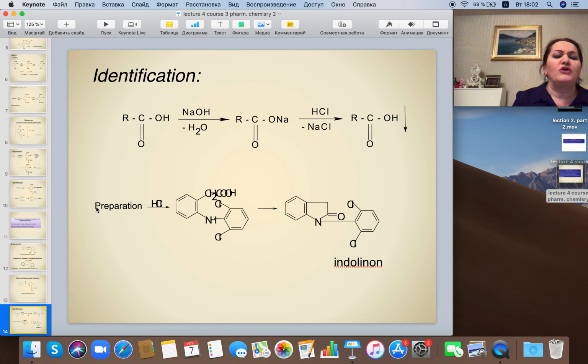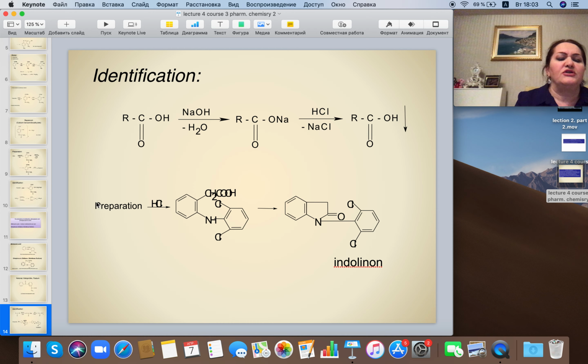Now we speak about identification. When it's an acid, for example, mefenamic acid, during hydrolysis with sodium hydroxide it gives the sodium salt of mefenamic acid, but the second one hydrolyzes with hydrochloric acid and forms the acid as a precipitate.